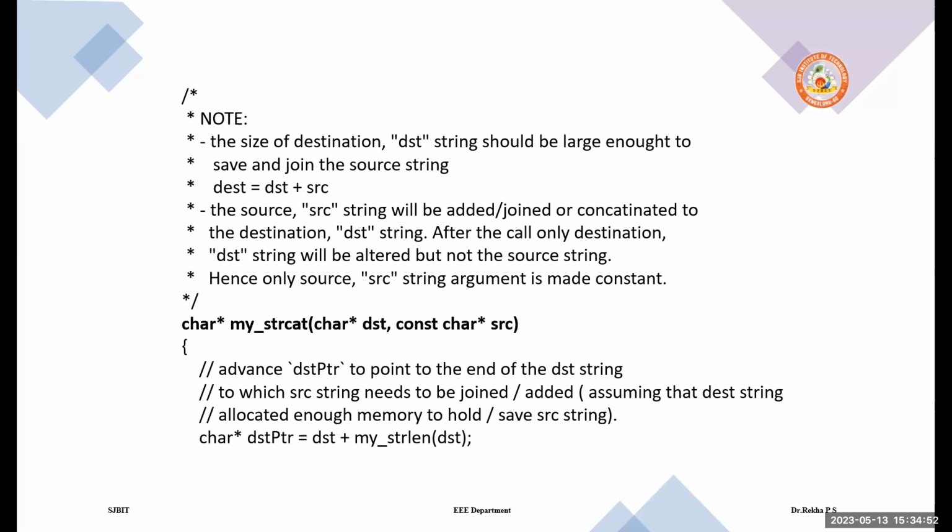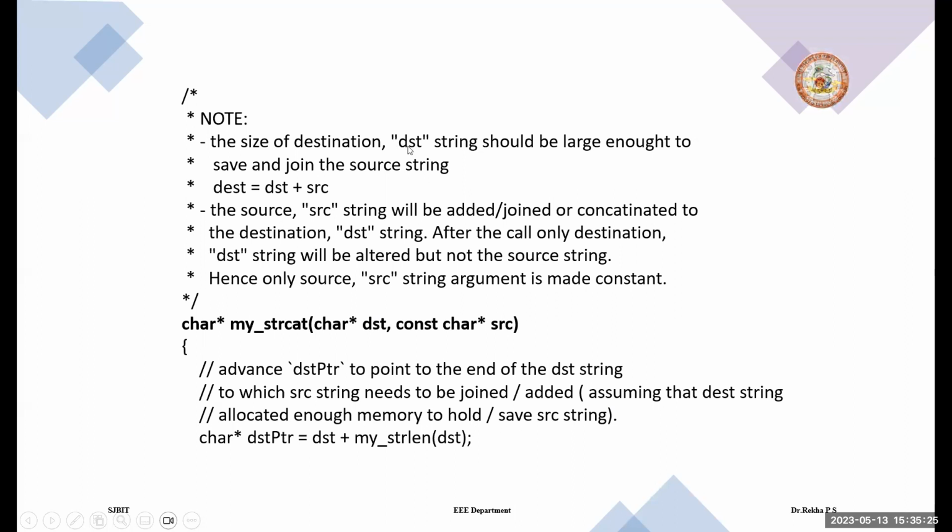So when you are planning to concatenate two strings, you should remember certain things. That is, the size of the destination string, DST. Here I have taken DST as the destination string, and it should be large enough to save the total data, because when source is concatenated with destination, definitely the string length will increase.